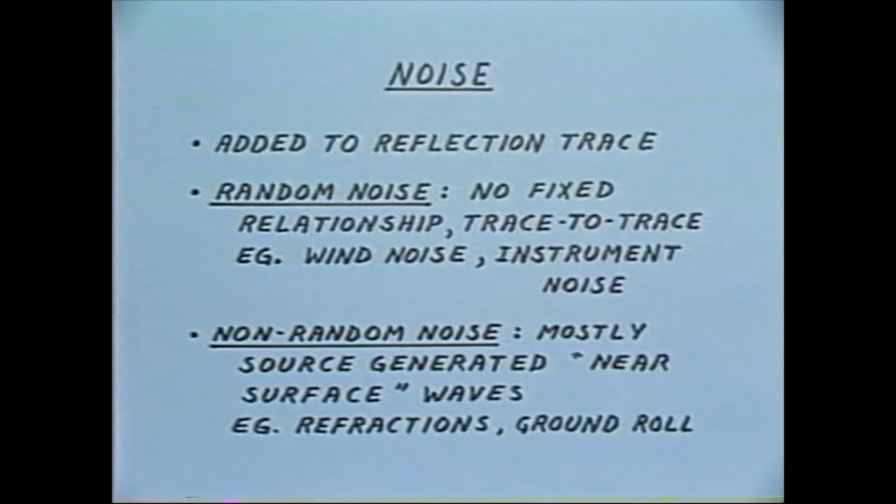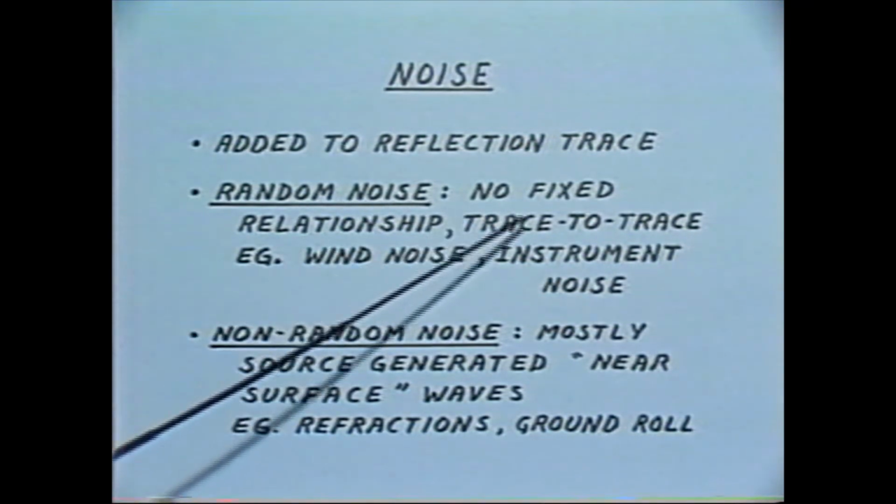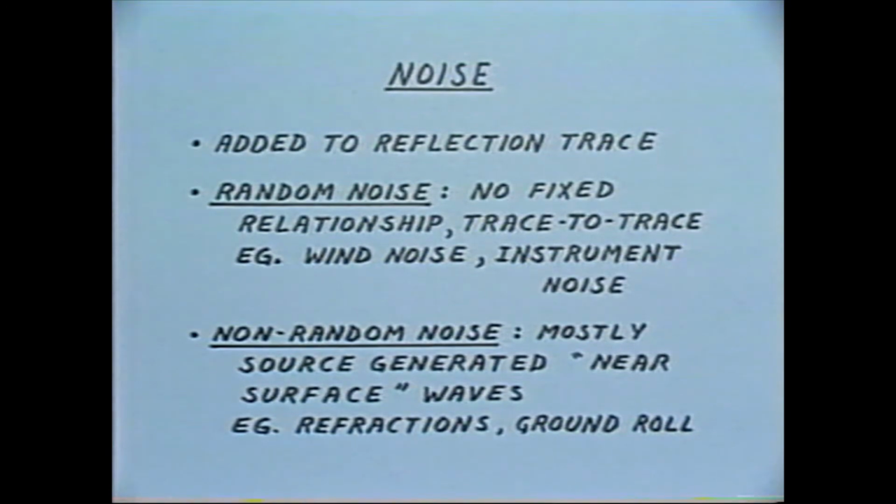Random noise is noise which has no particular relationship from trace to trace on the seismic recording. And it might be caused, for instance, by wind noise on the recording spread.